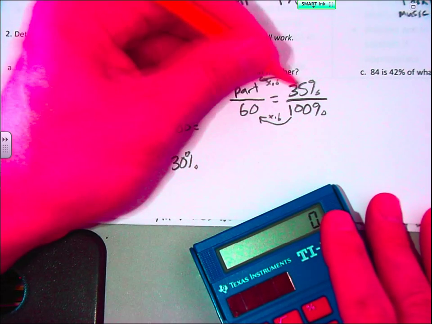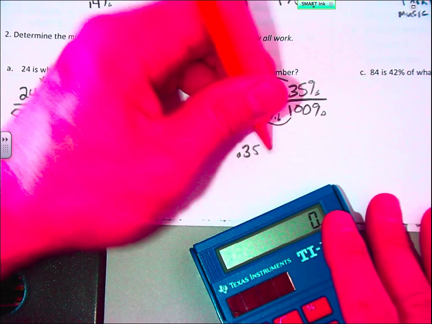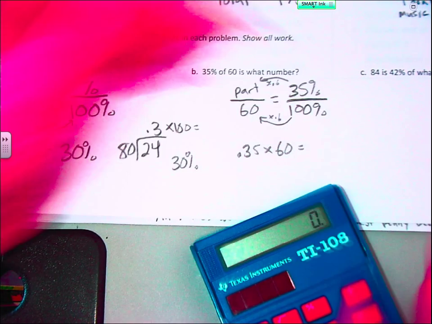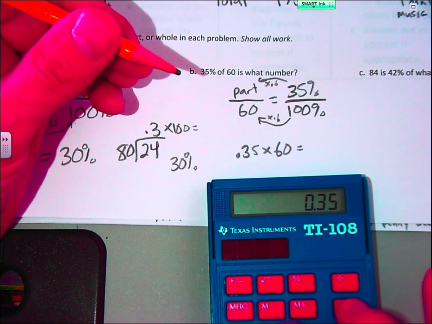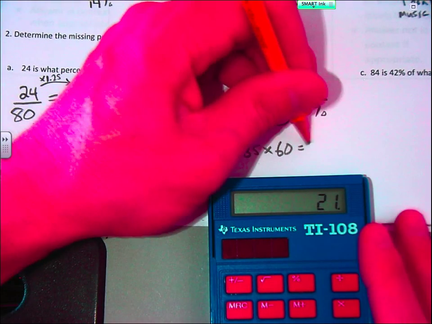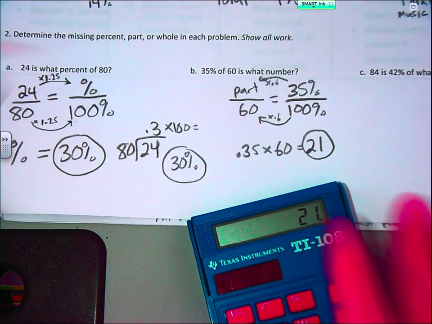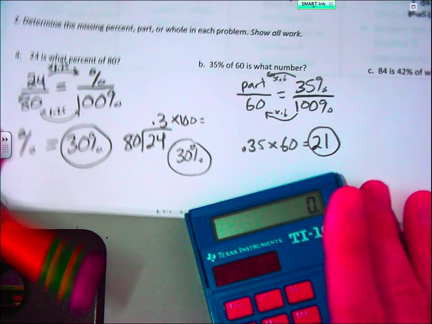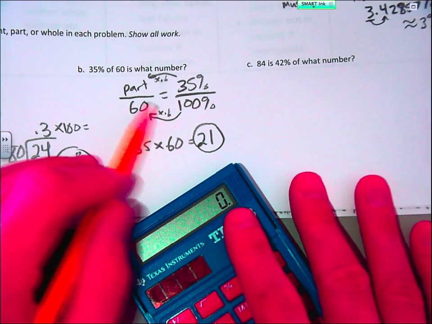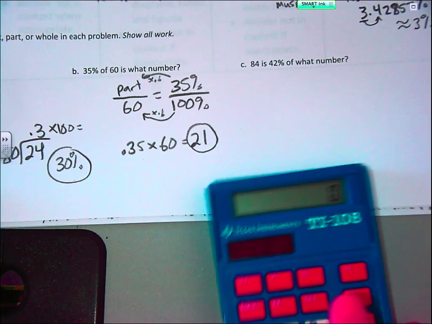Or I could take the percent, turn it into a decimal, times it by the whole, and that should give me my answer of 21. I want to make sure I circle my final answers. I'm trying to label what I did when I scale up or scale down.